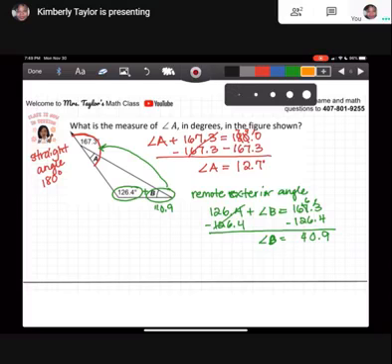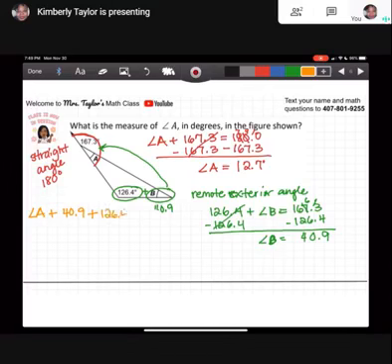Okay. So we know that angle A plus 40.9 plus 126.4 is equal to 180 degrees. So when I add these two together, let's do it to the side. 126.4 plus 40.9, 13, 7, 6.